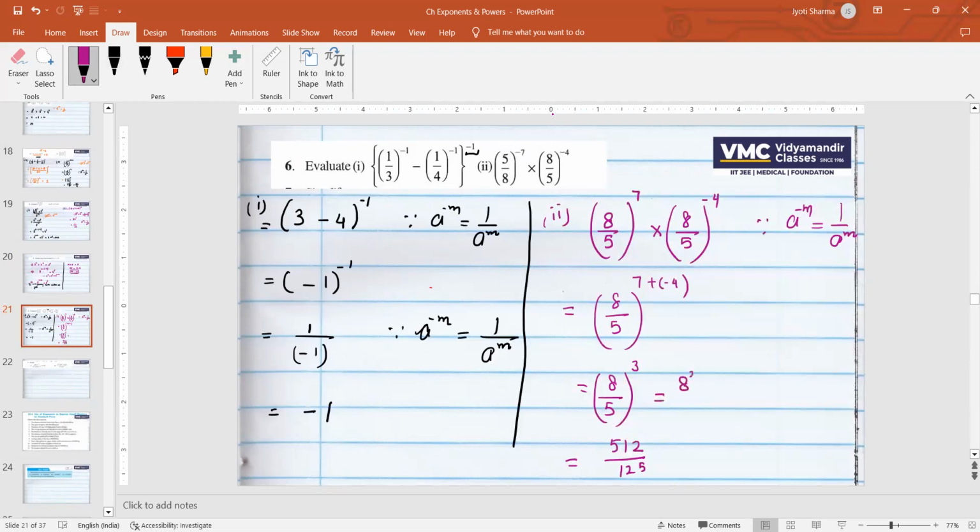Here, the two laws which I have applied are: powers I have added, because bases are multiplied.